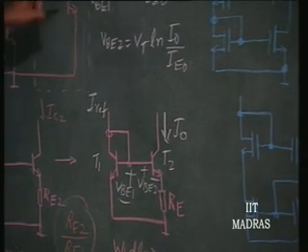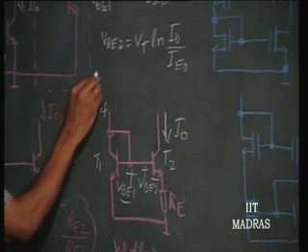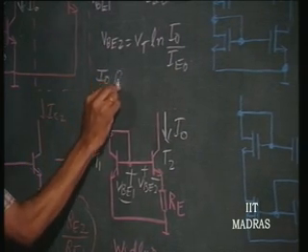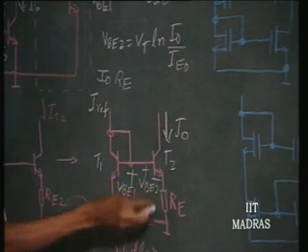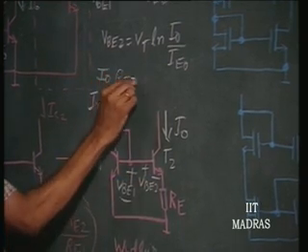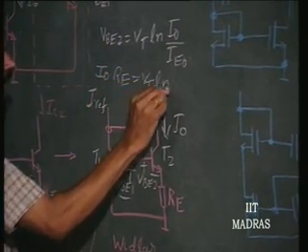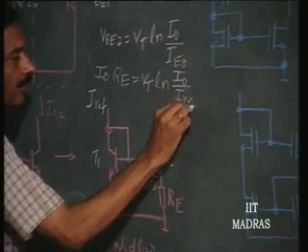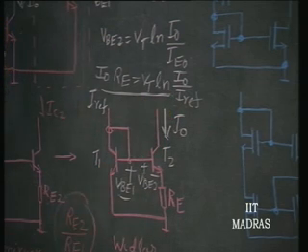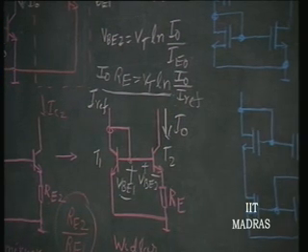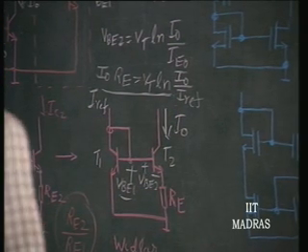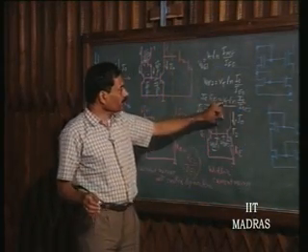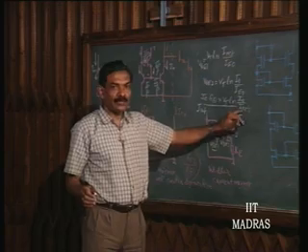So, VBE1 minus VBE2, which is the voltage across Re, should be equal to I naught into Re. I naught into Re is the voltage across Re, that is equal to Vt log I naught by. It's an important relationship. The voltage across the resistance Re, I naught Re, is equal to Vt log I reference by I naught.